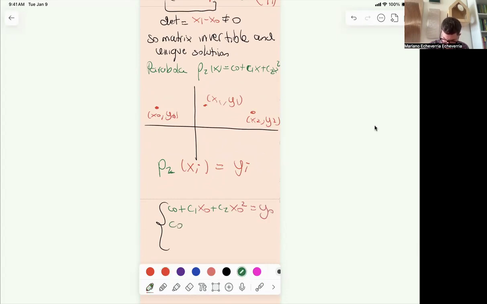And then c0 plus c1 x1 plus c2 x1 squared should be y1. And last but not least, c0 plus c1 times x2 plus c2 x2 squared should be y2.